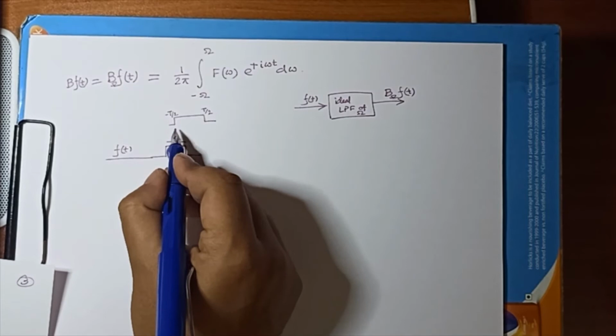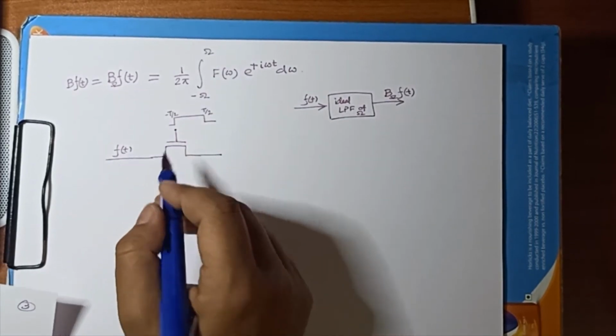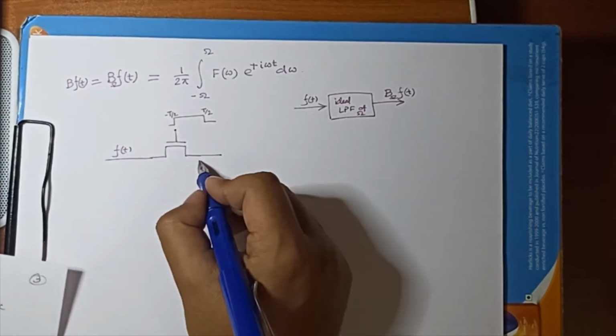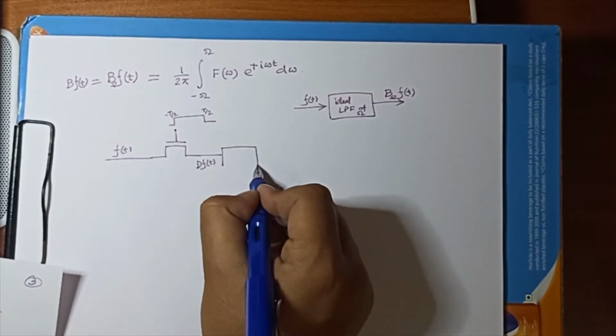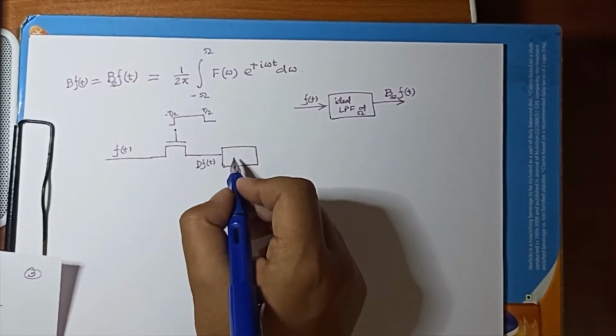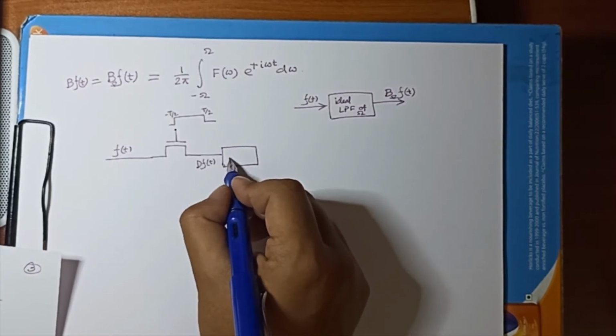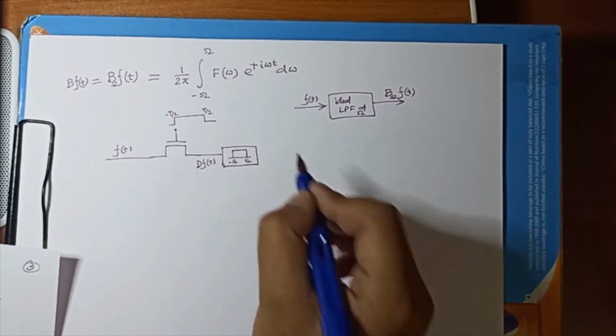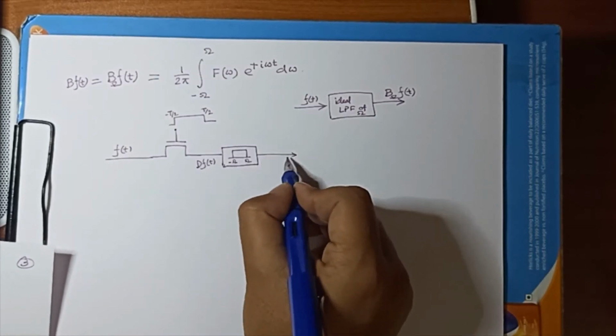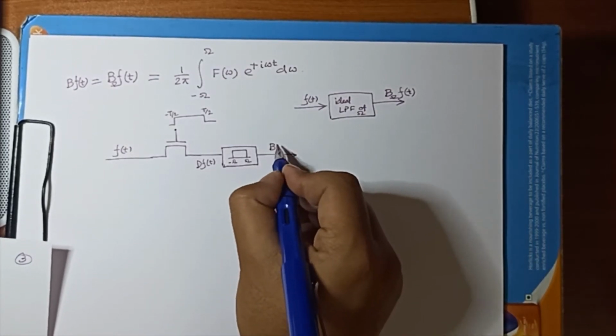So that is basically doing the time limitation. So this operation is basically Df(t), and then you are passing it through a low pass filter. This low pass filter is between minus omega and plus omega, and you are getting basically BDf(t).